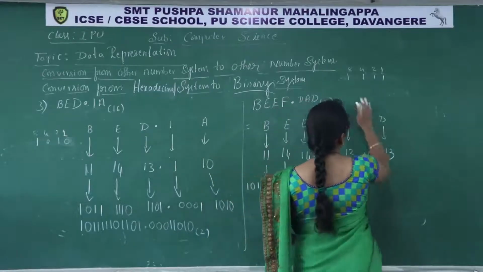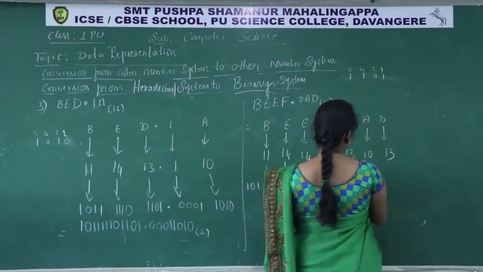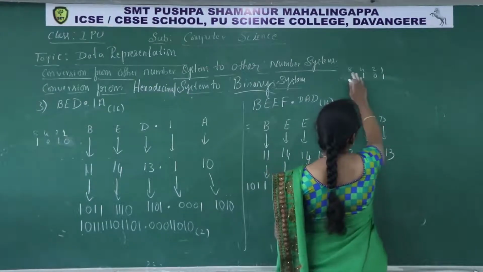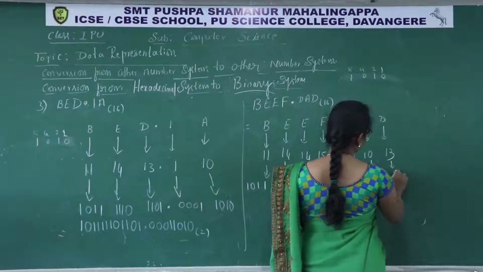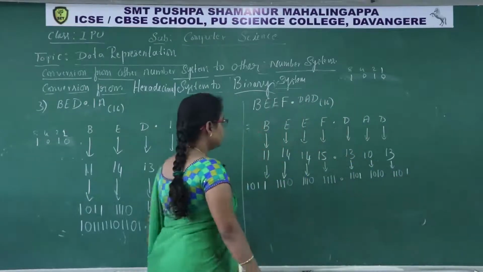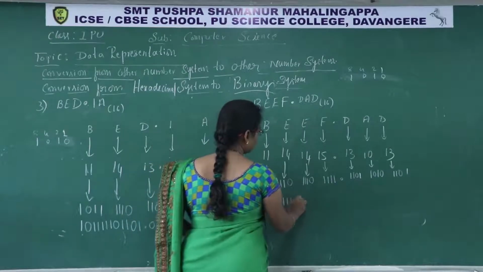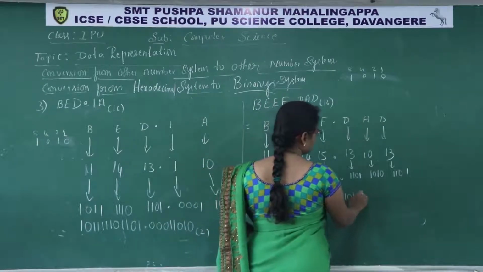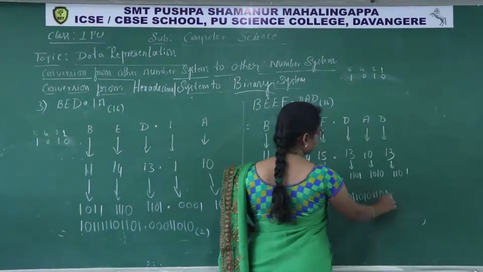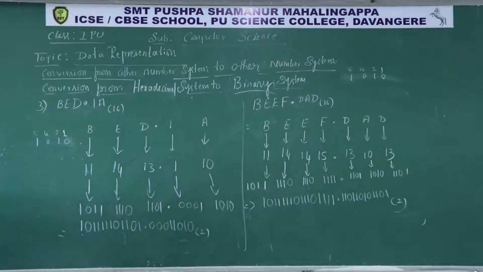Point, 13 is 8 plus 4 is 12, 12 plus 1 is 13, so 1 1 0 1. For 10, 8 plus 2, so 1 0 1 0, and for 13, 1 1 0 1. Finally the answer would be 1011, 1110, 1110, 1111, point 1101, 1010, 1101 base 2. So in this way we can convert a given hexadecimal number to binary number.